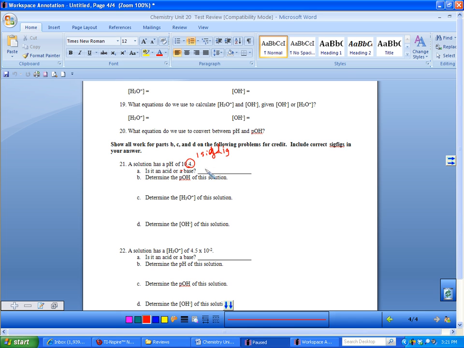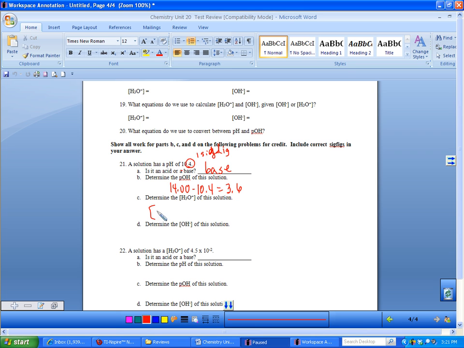Okay, so if the pH is 10.4, we know it's basic. And we know that to get the pOH, we're going to take 14 minus the pH of 10.4. And the pOH is going to be 3.6. And determine the H3O plus concentration.